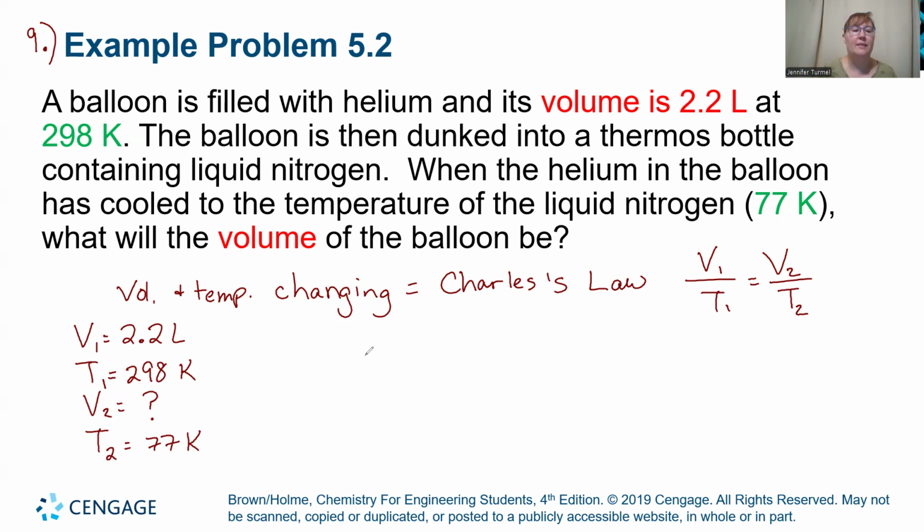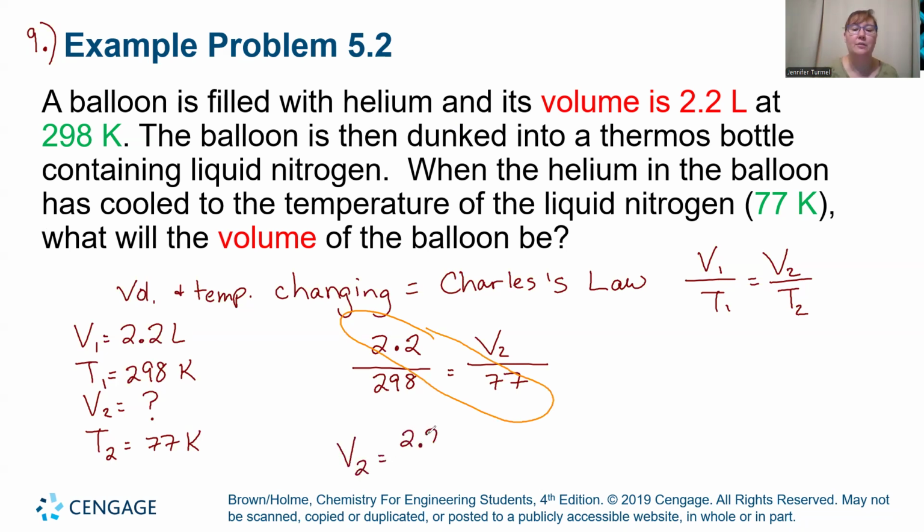So now we're going to set this up, and we have 2.2 for our V1 over 298 is equal to V2 over 77. And just as a little review here, we can solve this through cross multiplication like that, and that means that our V2 value will be 2.2 times 77 divided by 298.